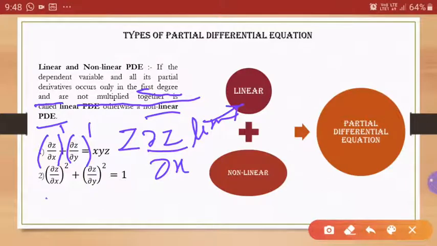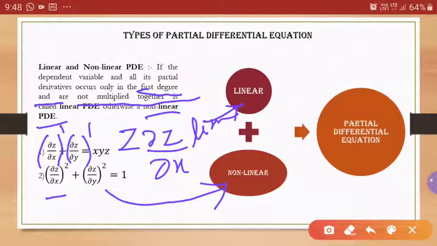And in the second equation, del z by del x is a first order derivative, but its power is 2. If the degree is more than 1, then it is called a non-linear partial differential equation. So is it clear?